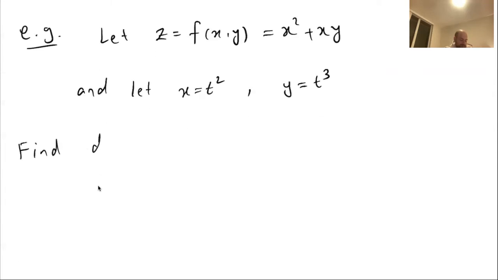Find dz/dt. See, z is a function of x and y originally, but x itself is a function of t, y itself is a function of t. So it is possible for me to view z as a function of t only. If I view z as a function of t only, what will be dz/dt?